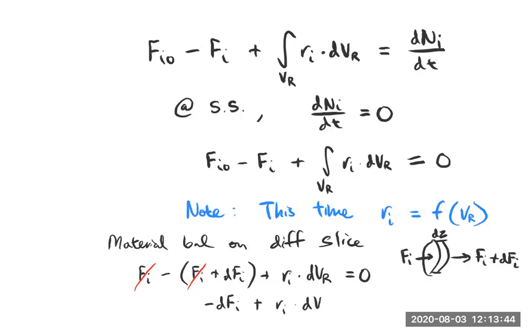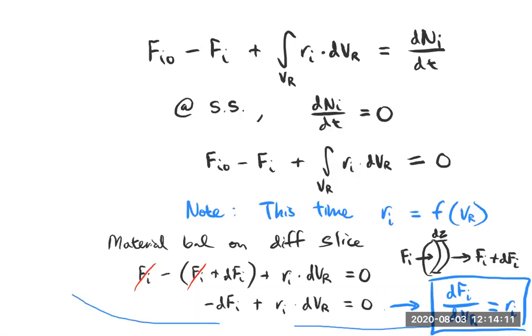And we can rearrange that. And that gives us dFi over dVr equals Ri. And this is our PFR design equation. And we can rearrange it if we want to. I'll just go ahead and draw that here so things are still on the same page.